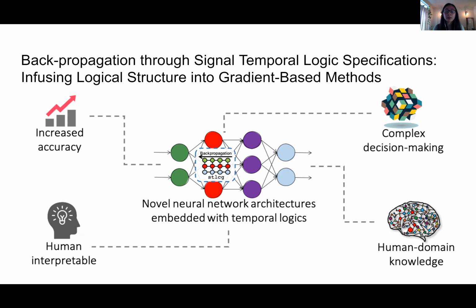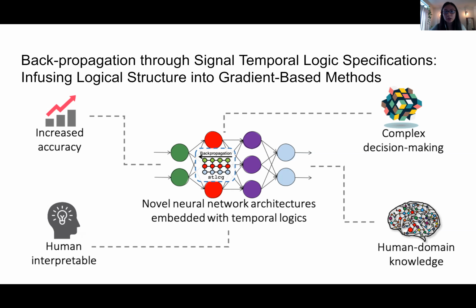In particular, the thing that I'm most excited about is embedding temporal logics into neural network architectures. And this can, as you can see on this slide, provide a mechanism for a neural network to potentially make complex decisions involving spatial temporal properties.